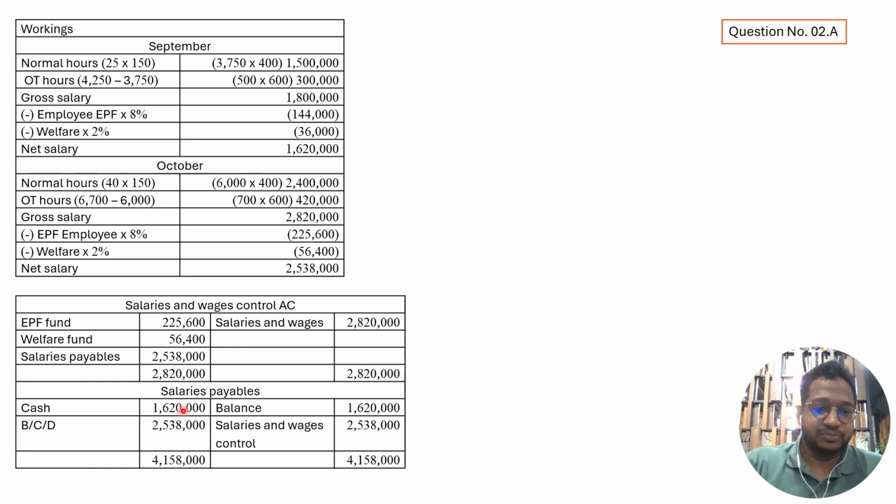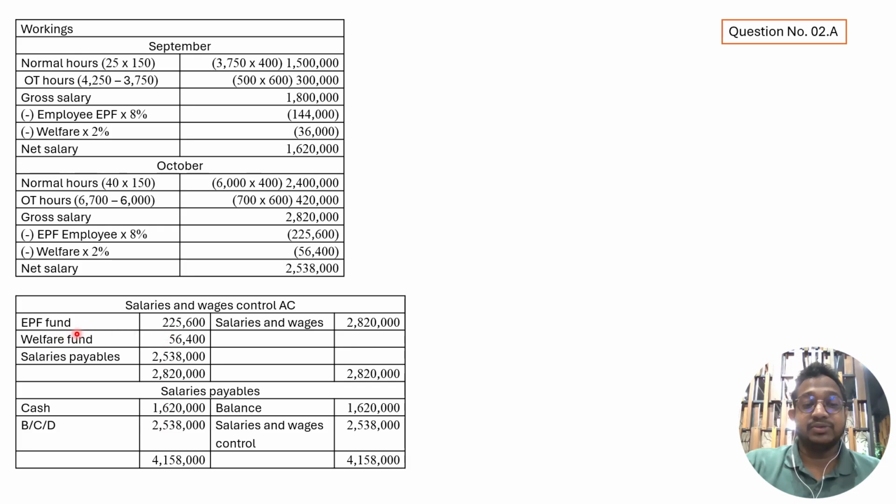And then for October, there were 40 members into 156,000 hours, and the overtime hours are 700, and then the gross salary, EPF and welfare and the net salary. And these cases you should mention in the salaries and wages control account. The total salaries and wages, the gross salary, you should debit to the salaries and wages expense and then credit to the salaries and wages control account.